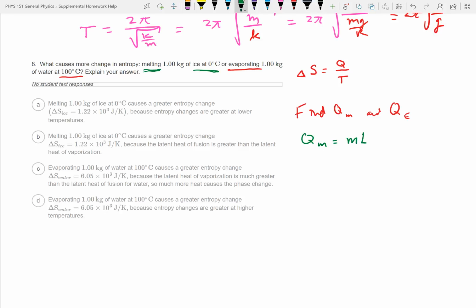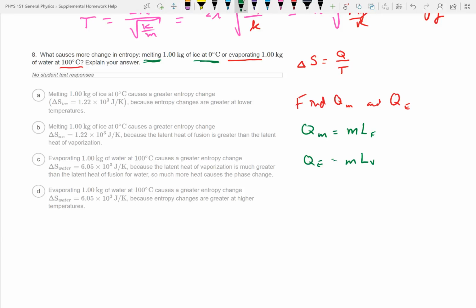That's right. And then M L F for melting? Yep. So we have to look up the latent heats of vaporization and fusion for water, and divide by temperature. I'm going to stay with melt and evaporate.